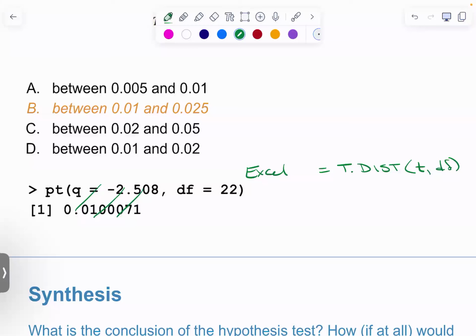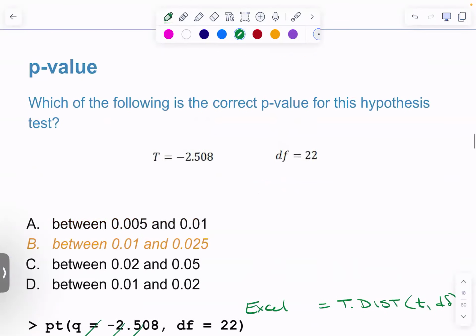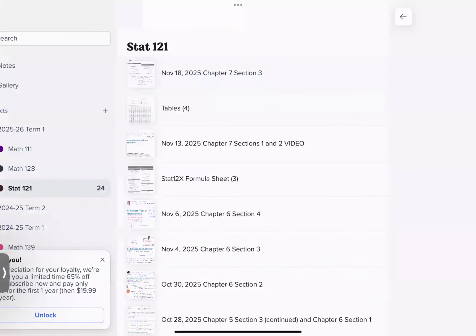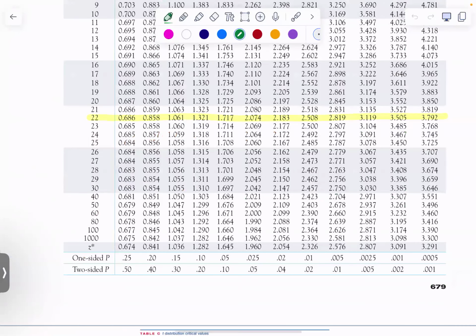Why does it say it's between 0.01 and 0.025? I feel like they used a different table because we don't have 0.025, do we? I suspect that their table maybe doesn't have the 0.02.